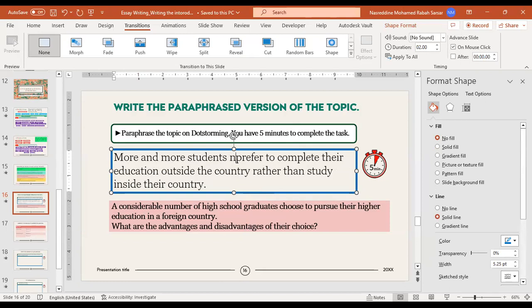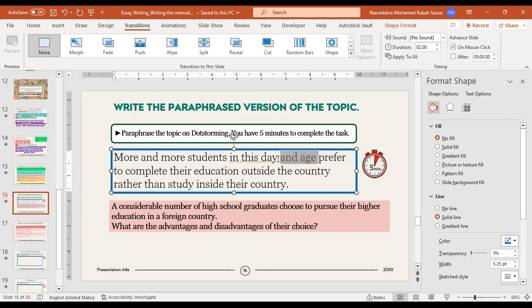You can say, for example, nowadays, or you can say in this day and age. Well, that's an idiom. It means nowadays. It is better to include idioms. So: more and more students in this day and age.